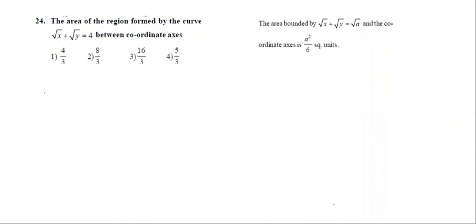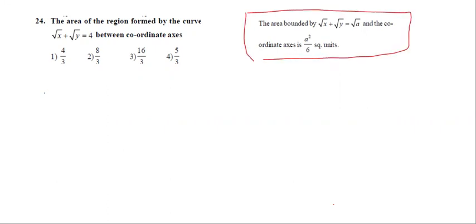Now go to the 24th question. The area of the region formed by the curve root x plus root y is equal to 4 between the coordinate axes. Here one shortcut formula is: the area bounded by root x plus root y is equal to root a and the coordinate axes is a square by 6. This is a shortcut formula.